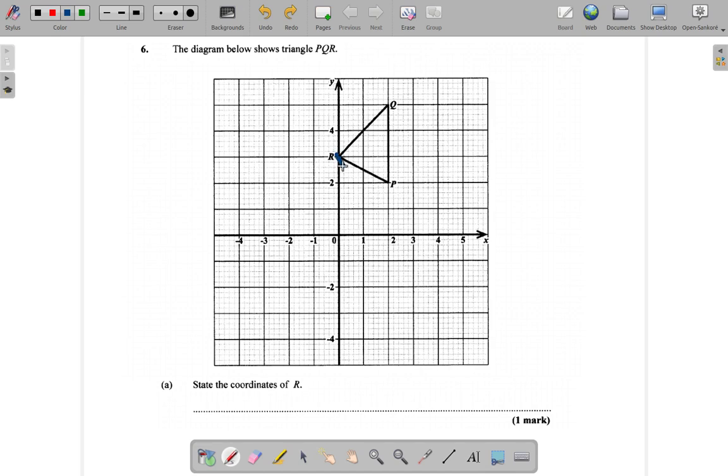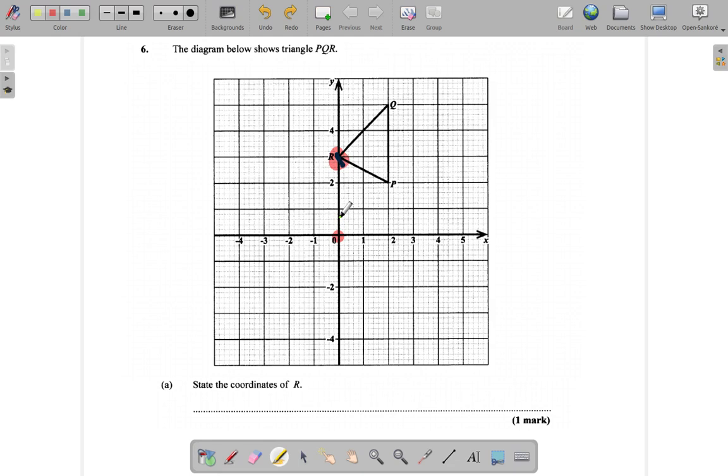All right, you have R right here. Now consider the x-axis. It's above 0. And consider the y-axis. It would be beside.